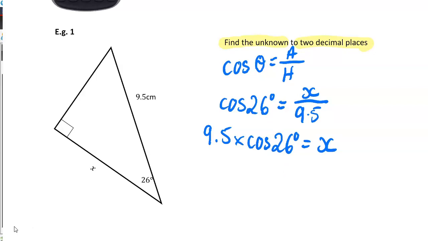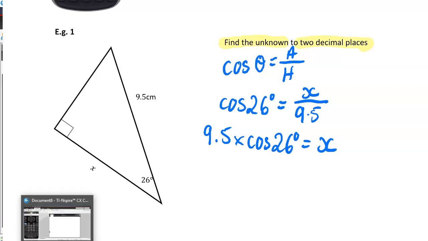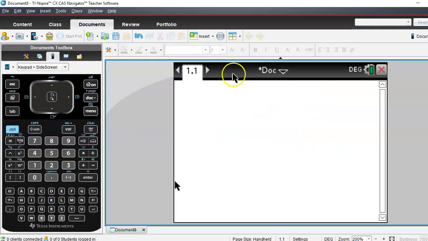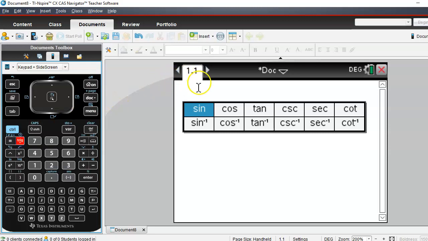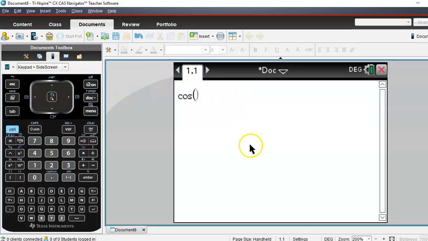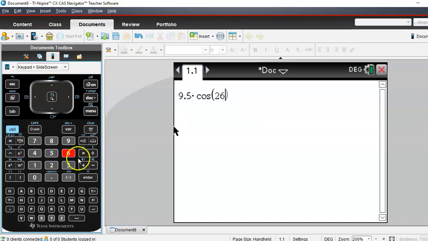Now I'm going to bring up my calculator. I haven't got a scientific calculator on my computer, I've only got my big CAS one, so the way I enter it in will be a bit different. Well, not that different. There's my cos. I put in 26. Now let's try that again actually. Putting 9.5 times cos 26 degrees.